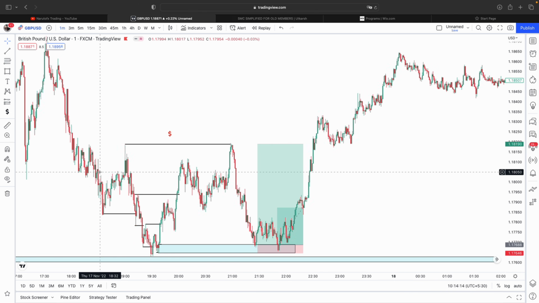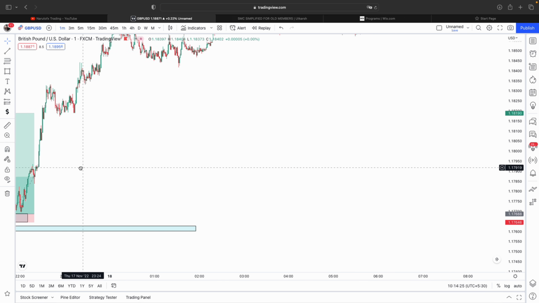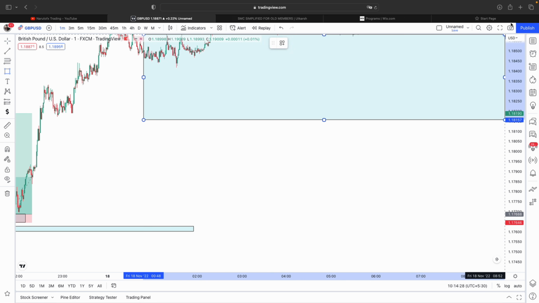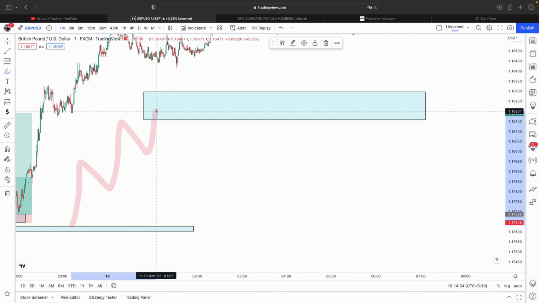Many people ask me how to choose confirmation entry over risk entry, which entry to choose. If you don't know what confirmation entry is, it's something like this: if you draw a 1 hour point of interest, for example, price is going up and broke the structure, so this is the 1 hour order block.